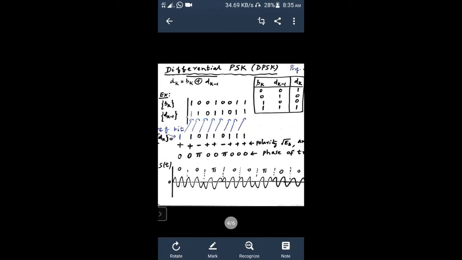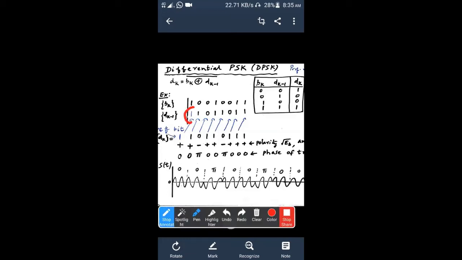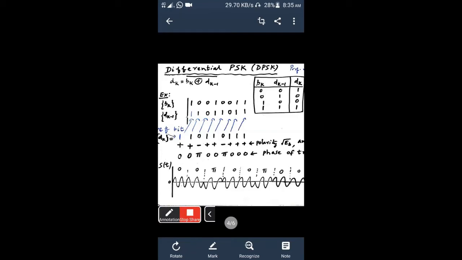In this case, I have assumed that the reference bit is 1, that is, dk minus 1 is 1. I have shown the same bit here, dk minus 1. So both are the same. I have shown the arrow. You can clearly see that.